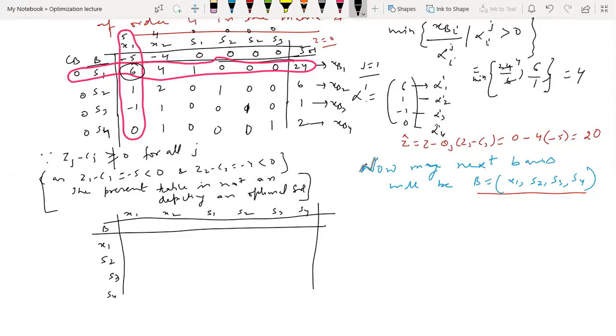Okay, now since 6 was the pivot element, I am dividing the whole row by 6, so I will be getting 1 here, and what I'm getting in the next is, let me check. So next value is 4 by 6, that is 2 by 3, 1 by 6, 0, 0, 0, and 24 by 6 is my 4.